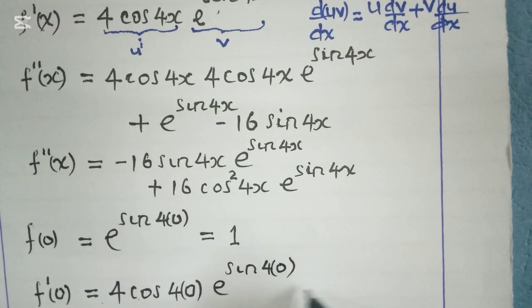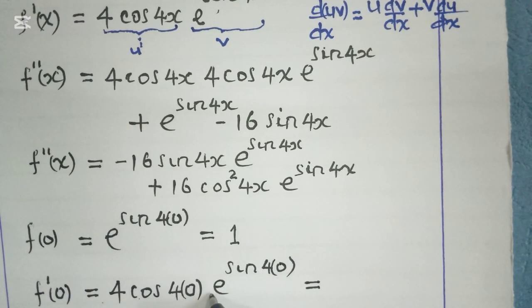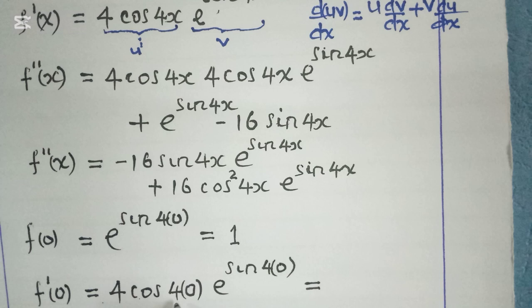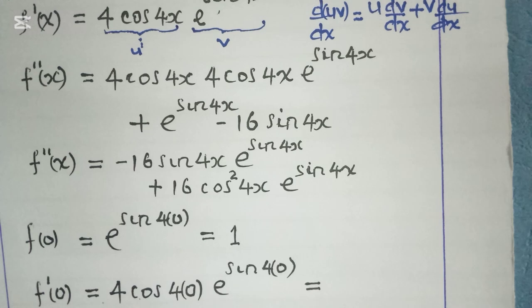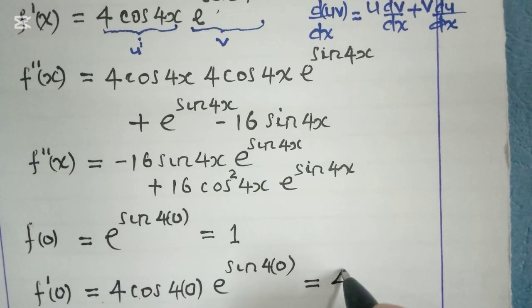So this one, guys, is going to give us 1, e raised to 0, any number raised to 0 is 1, then this one is going to be cos 0, and then we have 4. Cos 0, we know it is supposed to be 1. And so guys, our solution here is going to be 4, like that.